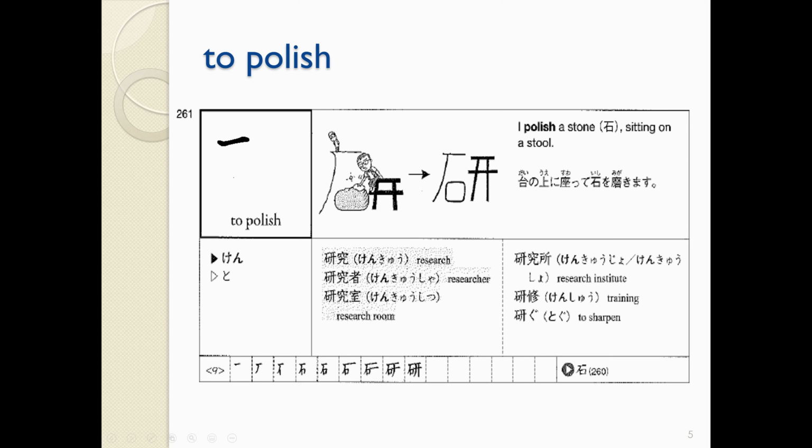So 1, 2, 3, 4, 5, 6, 7, 8, 9. So this is the ken in kenkyu.